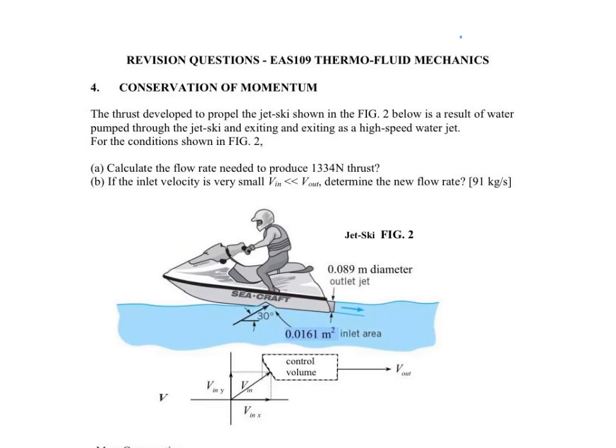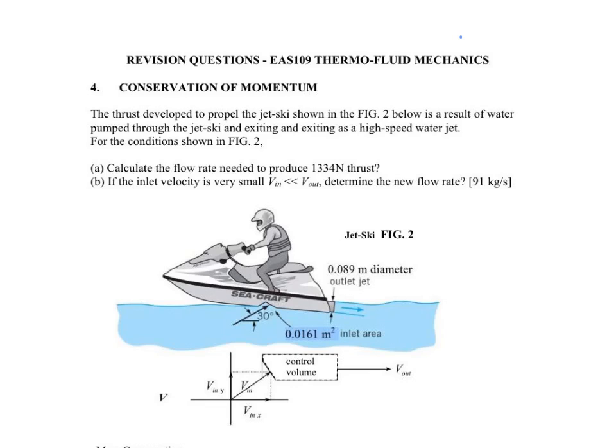Now, question B is the same question, but we are asked to make an assumption that if the velocity at the inlet is significantly smaller than the velocity at the outlet, what is the flow rate required? In other words, we are saying that the inlet velocity is very small and can be ignored. So let's get on with the problem.